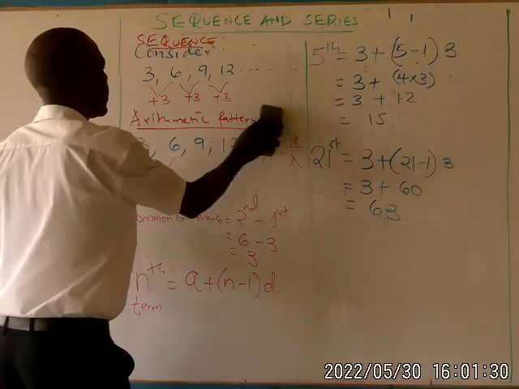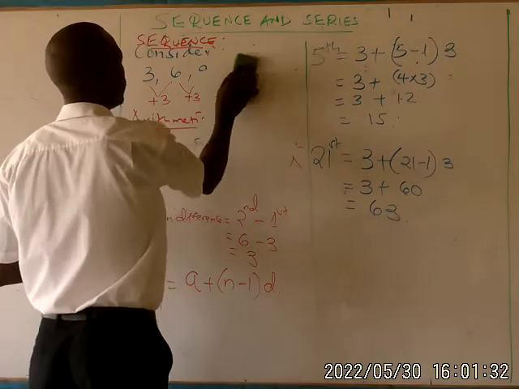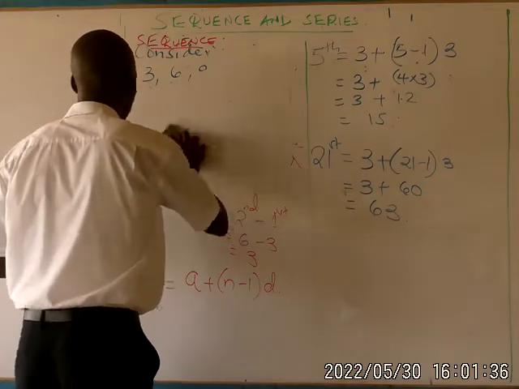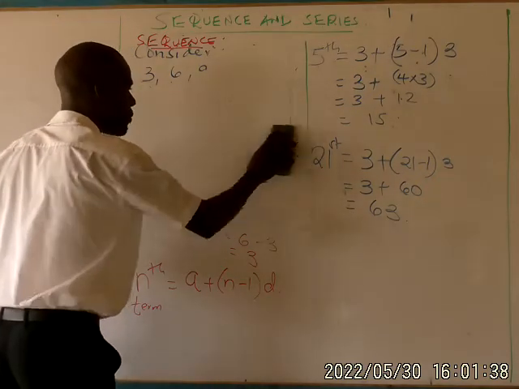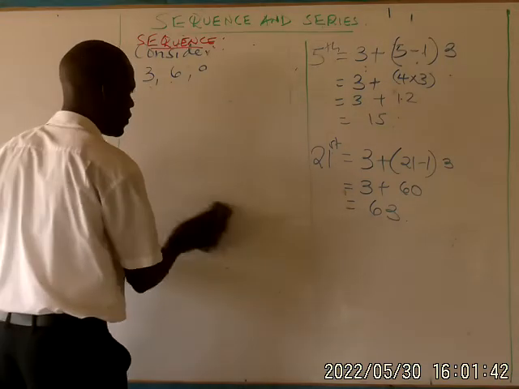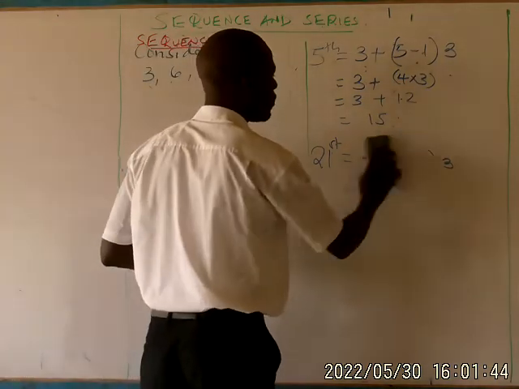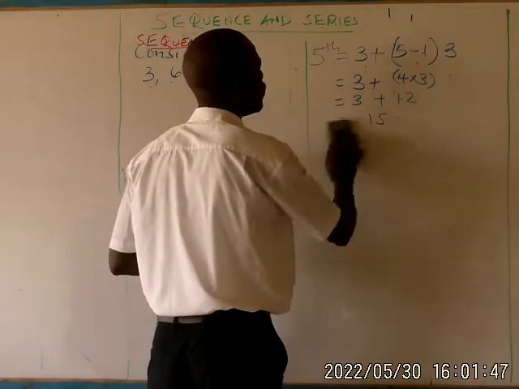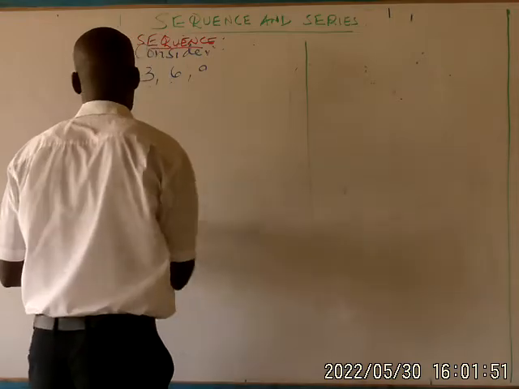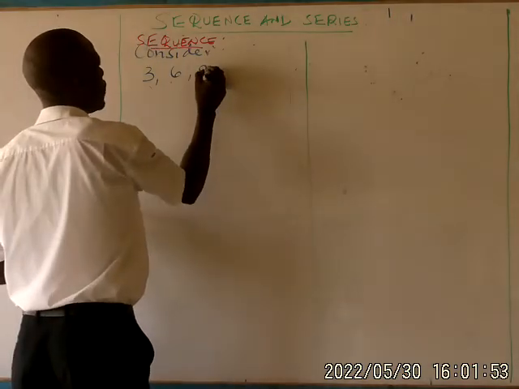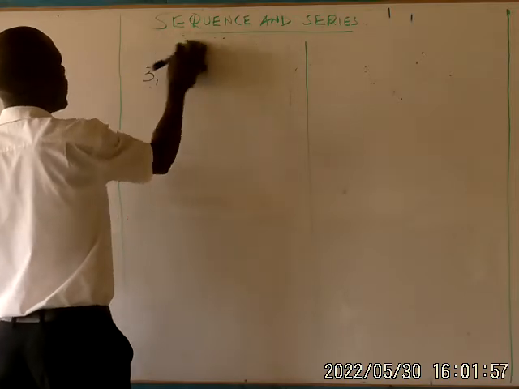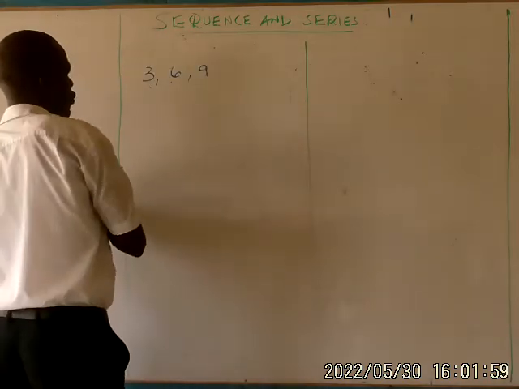Let's look at another thing here, now the series. But I'm going to consider the same pattern that we have written. The pattern we have is 3, 6, 9, and 12, etc. Now we talk about a series.